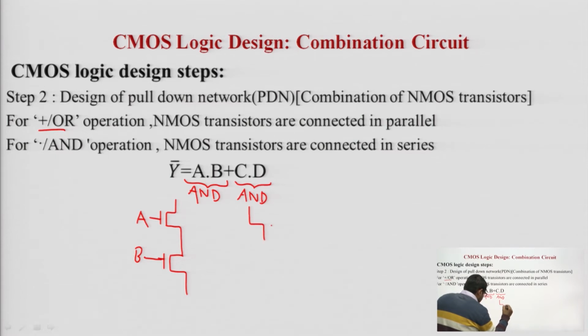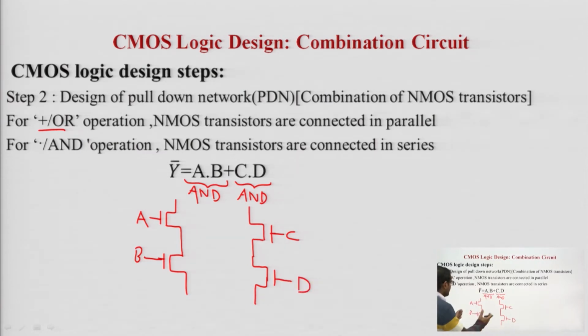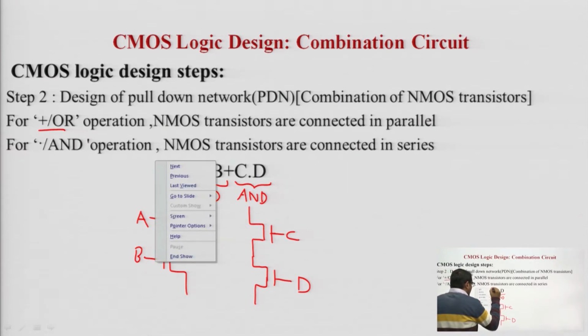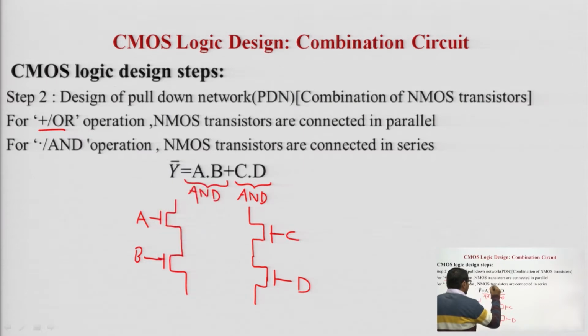Then one NMOS transistor for input C, and one NMOS transistor for input D, both connected in series, and these two networks AB and CD are connected with the OR operation, that is the plus operation.